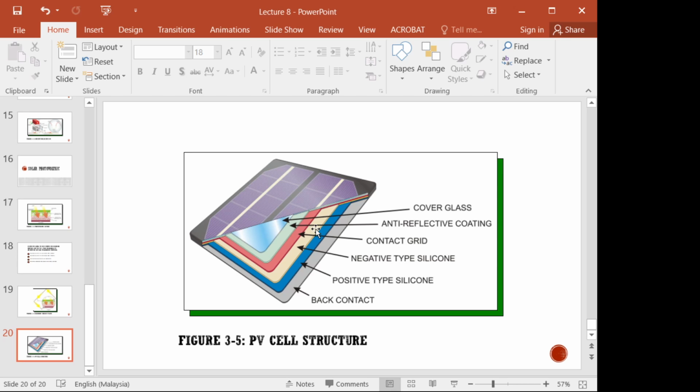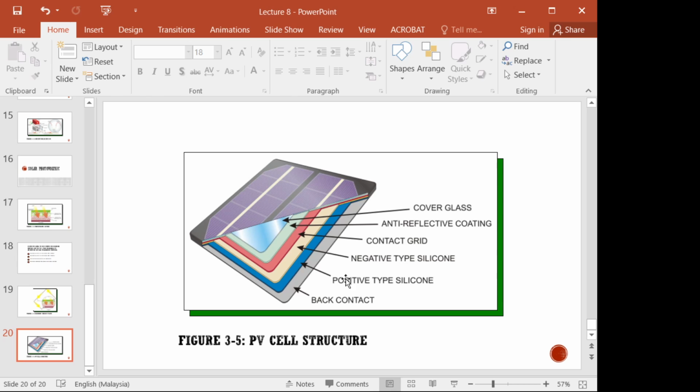Okay, this is the PV cell structure. Nowadays we have many types of PV. This is the common one, but now we also have printed photovoltaic. But the one I show you here is not the printed one.